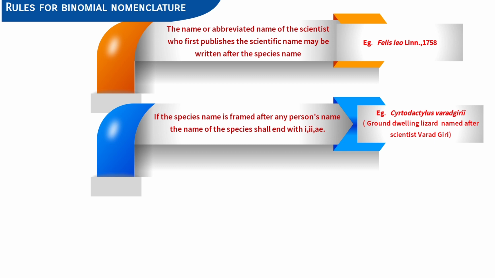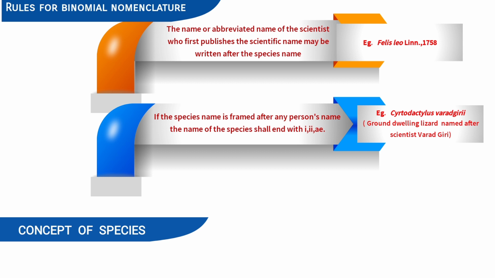Here the scientist who discovered this was Varadgiri. So his name was given to this lizard at the back, with an extra i there, right? So if a species name is given after a person's name, it should end with i, double i, or ae. So this is a rule.